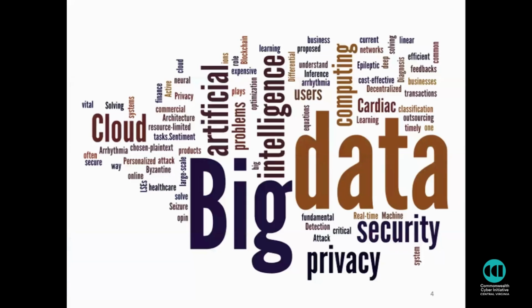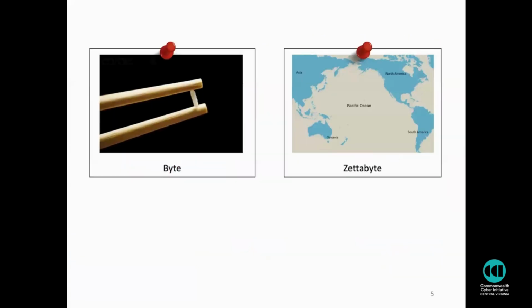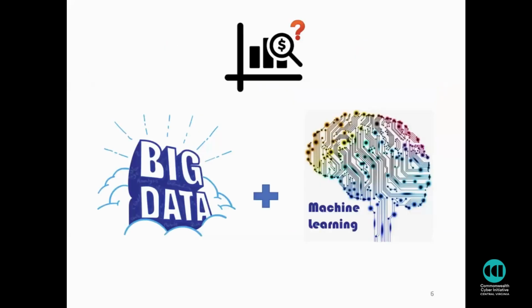These IoT systems actually generate a massive volume of data. Suppose 1 byte is 1 grain of rice. The data that IoT systems are producing can fill the Pacific Ocean. So how to find value in such a huge amount of data is an urgent and challenging problem.